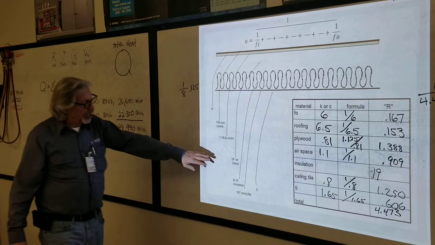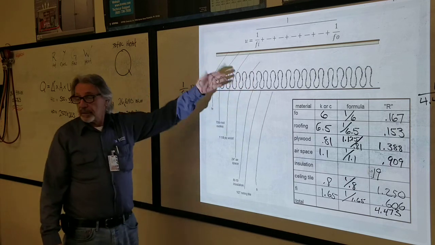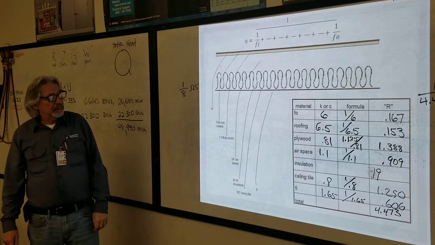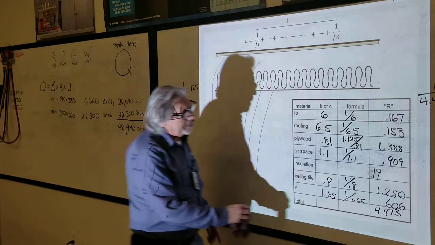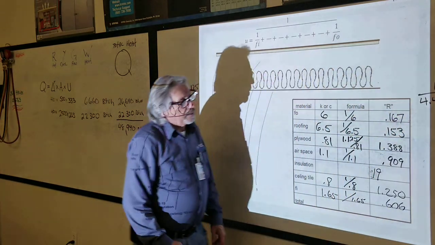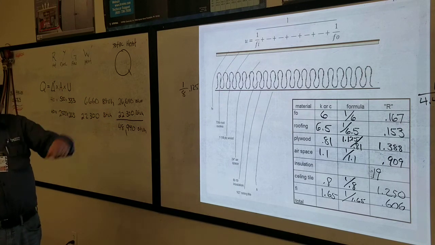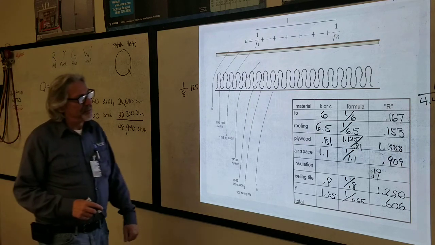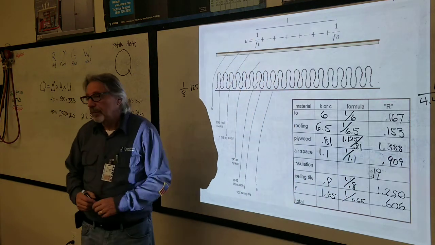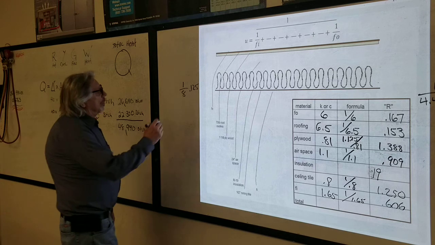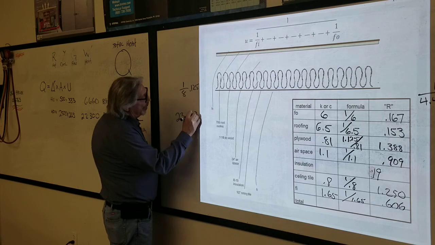The airspace changed, but is it still the same 3/4? Yeah, still the same. So what do we have now? Just add 19 to that number there. 23.473.